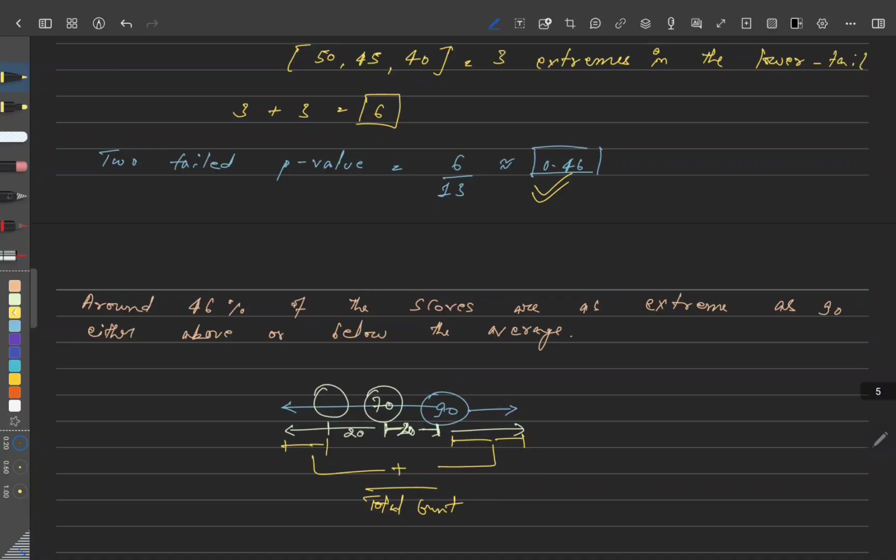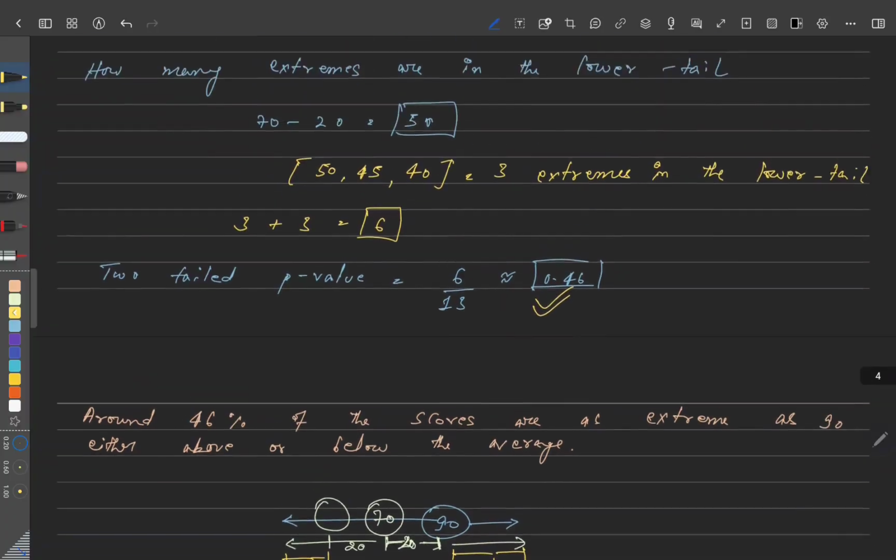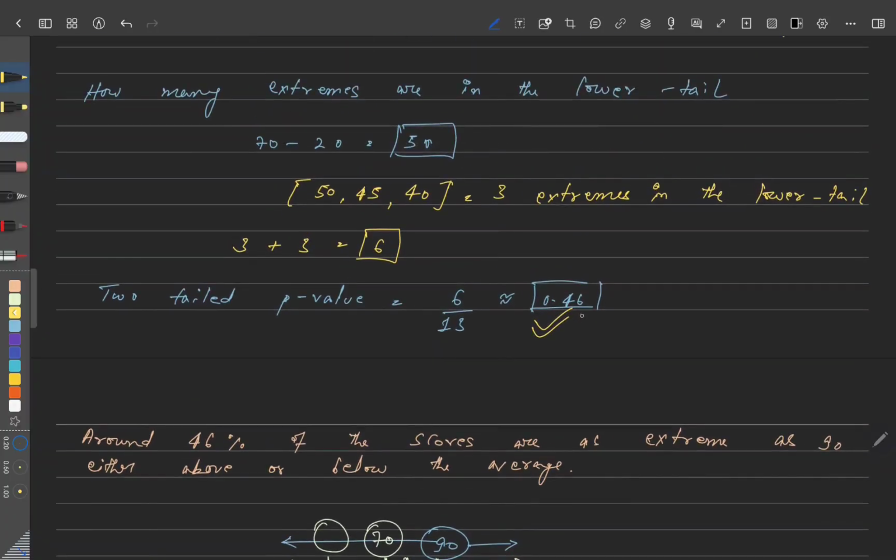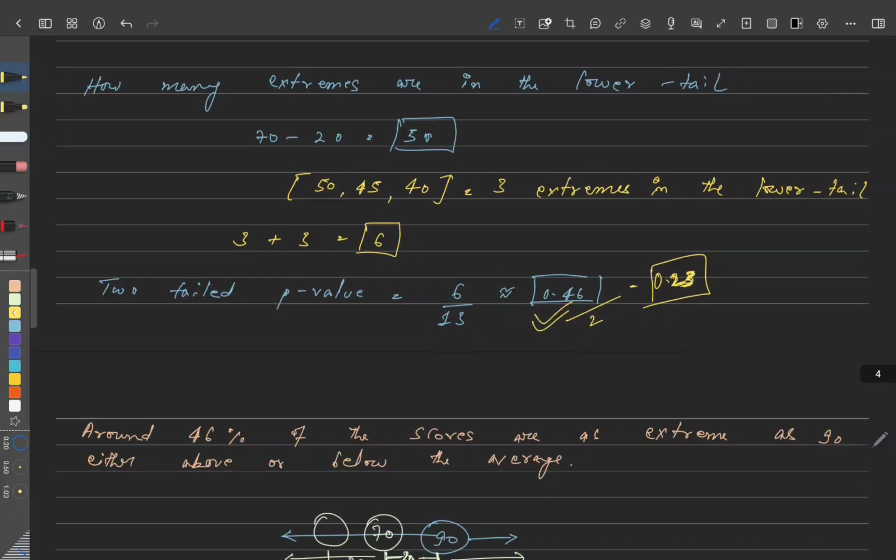Basically, two-tailed value will tell you how many people scored as extreme as you, either low or high. So if you halve the 46, 0.46, you would get 0.23, which was our value for the higher side, which is as extreme as 90.